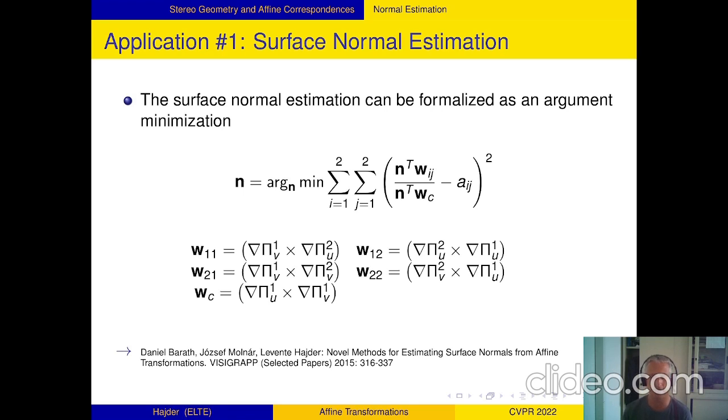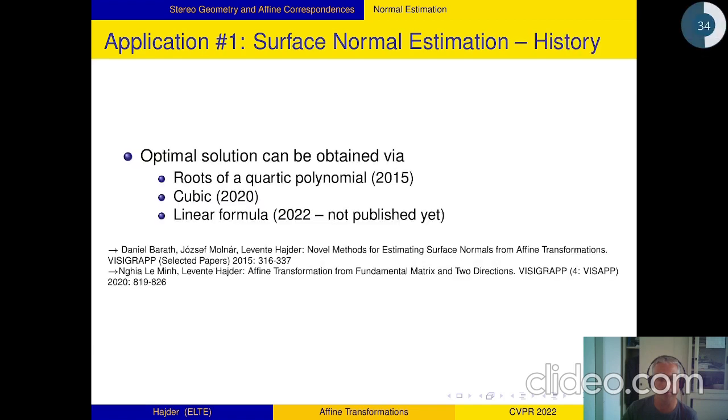And in 2015 we proved that this problem can be solved optimally, and we proposed an optimal solver. Note that this was published in 2015, as I mentioned a few seconds before, and the optimal solution is given via the roots of a quartic polynomial.